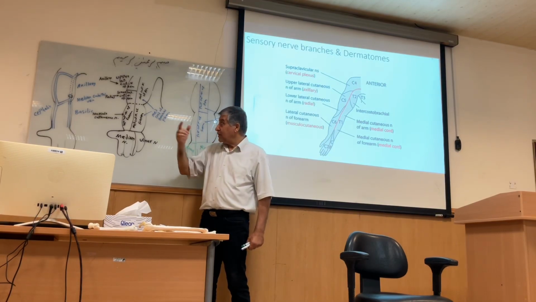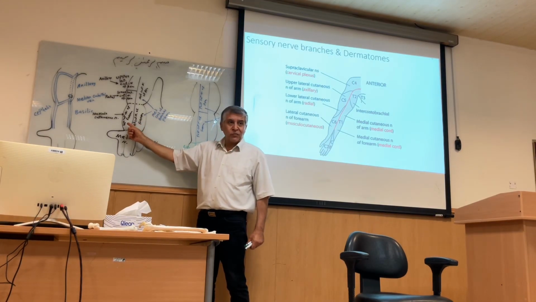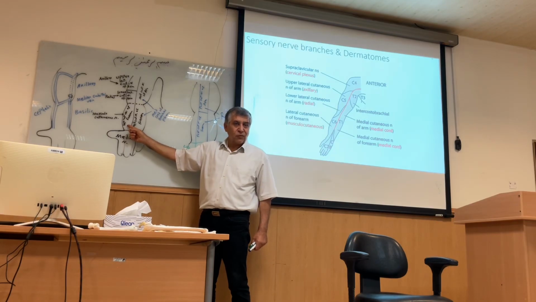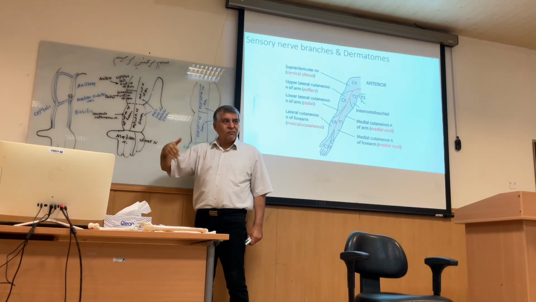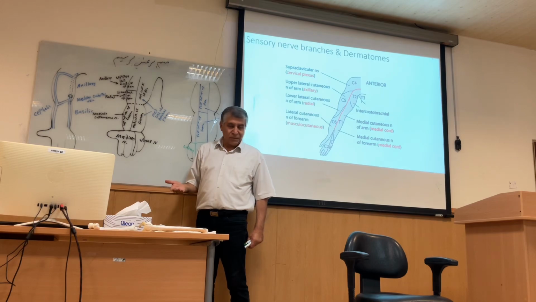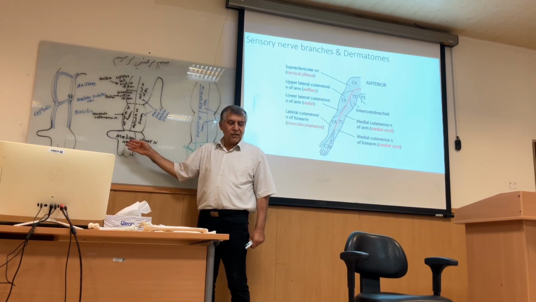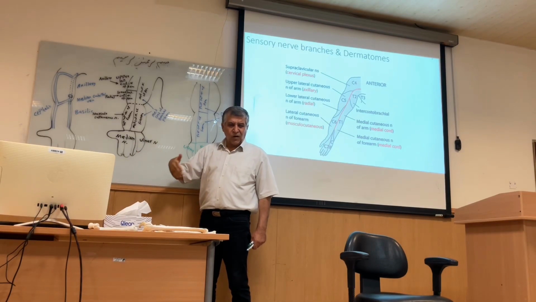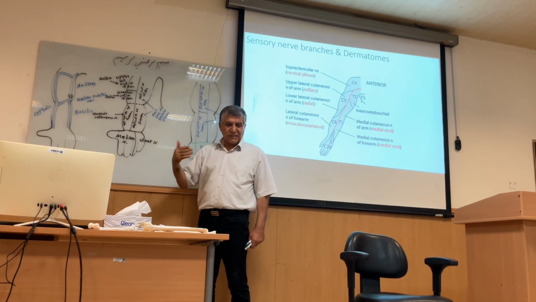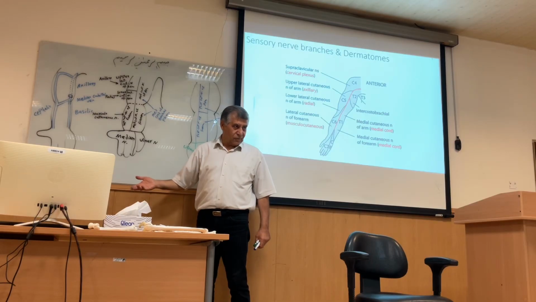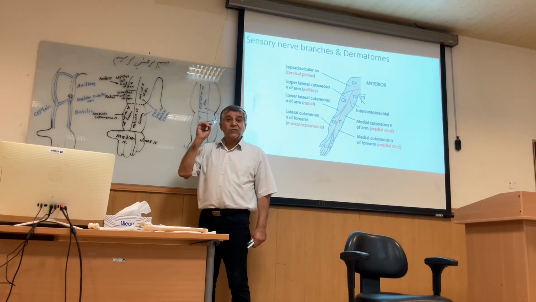For example, lateral cutaneous nerve of the arm is formed by C5 and C6, for example. Median nerve is formed by C5, C6, C7, C8, T1. Okay?